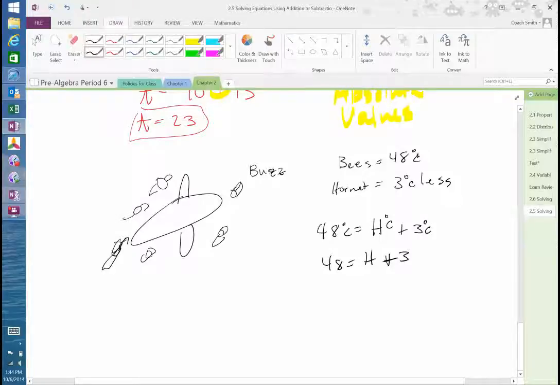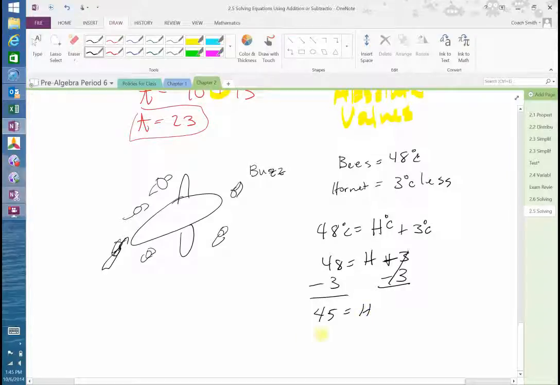So how do I solve it? Yeah, we subtract 3. Whether it's a word problem or whatever, it doesn't matter. It's just an equation. So I subtract 3 from both sides. That side cancels. 48 minus 3 is what? 45.